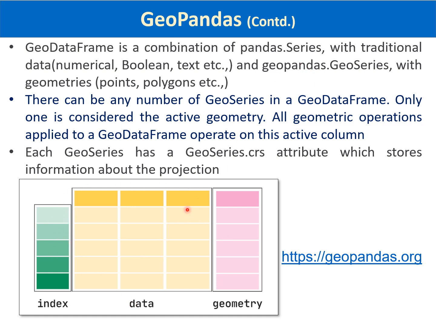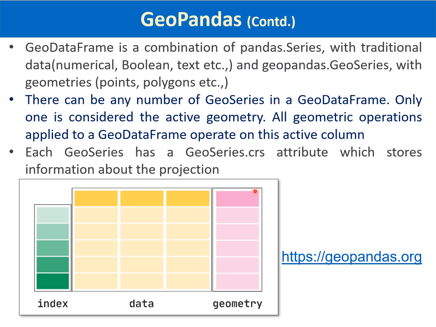This is the traditional data containing numerical data, Boolean data, or text data. And then there is geometry, which is a GeoSeries containing information about geometry: points, polygons, etc. There can be many such GeoSeries columns in a GeoDataFrame, but only one of them will be active at any time. If there is only one geometry GeoSeries, it will be the active geometry.